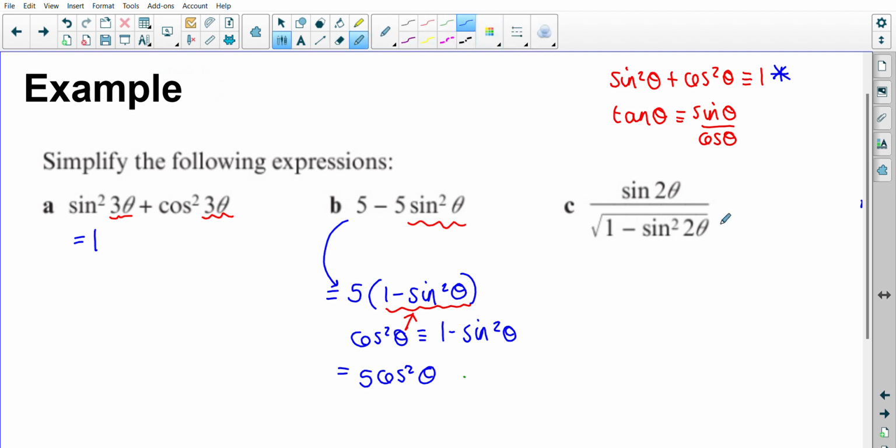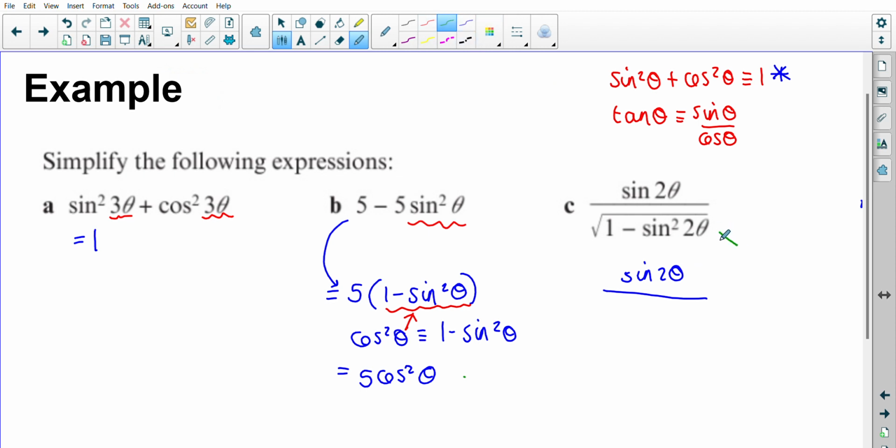So I'm looking at the denominator. I've got some squareds. I've also got the same angles, so 2 theta. So I'm going to leave the numerator as it is. And then I've got the square root of 1 minus sine squared 2 theta.